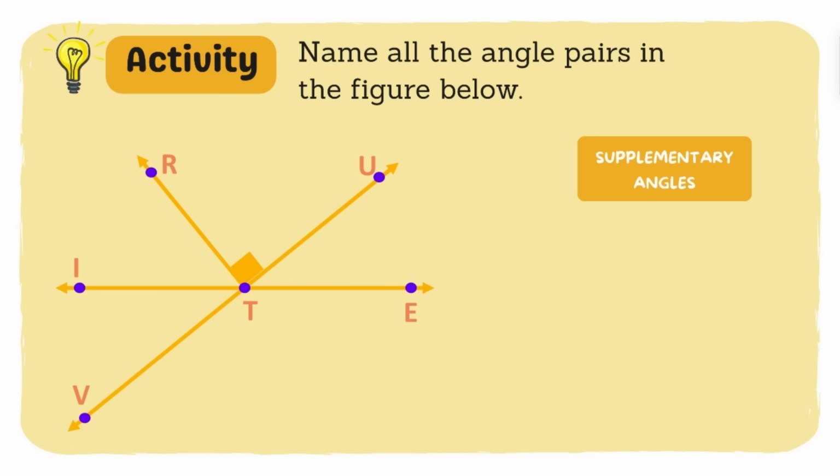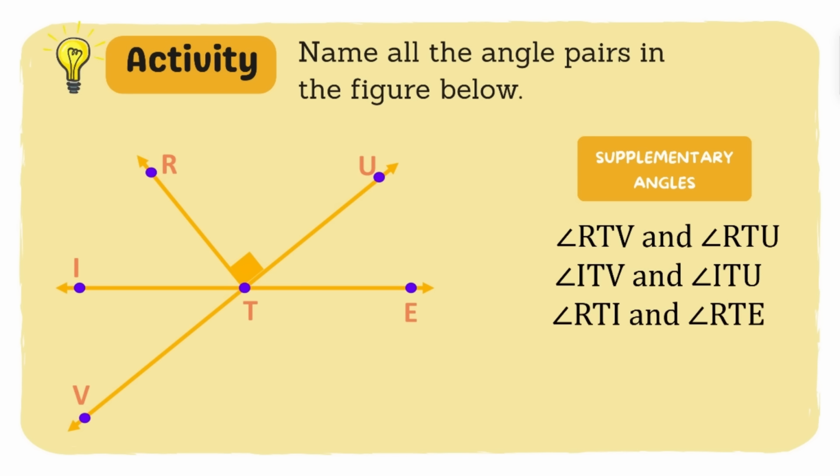Now, how about our supplementary angles? Remember, supplementary angles are angles that add up to 180 degrees. Okay, so ito po yung mga angles natin dito na supplementary. So isa-isayin natin. First, we have angle RTV. Ito po yung kanyang angle, which is actually 90 degrees as well.